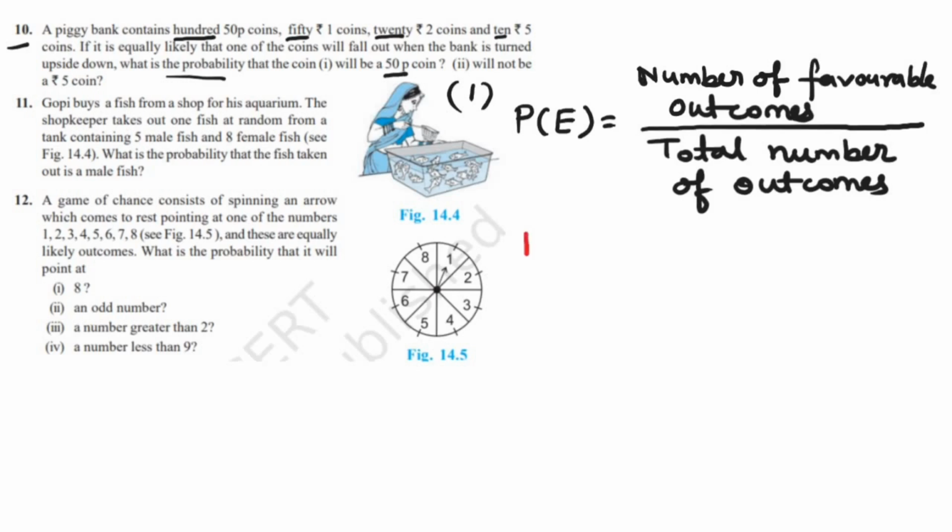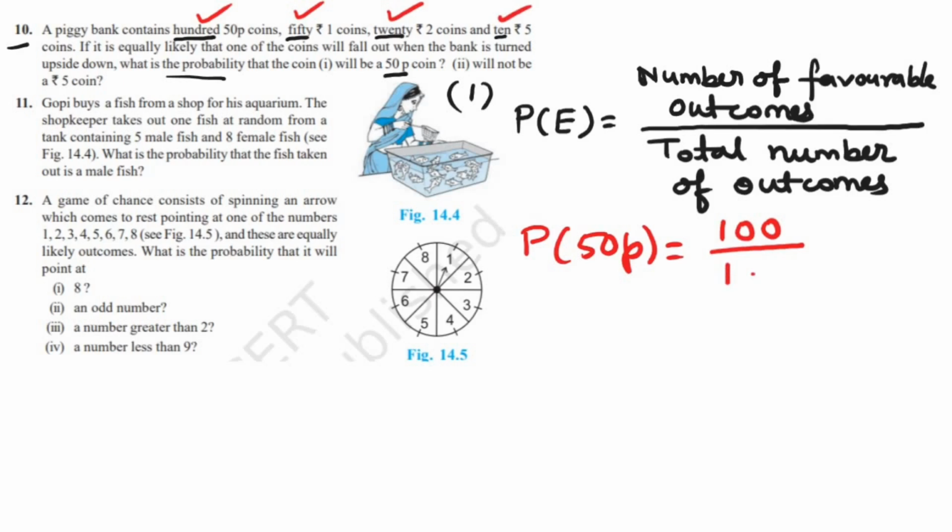And then the first bit is probability that it is a 50 paisa coin. So how many 50 paisa coins are there? They are 100 in number out of the total number of coins in the piggy bank, which is 100 plus 50, that is 150, plus 20, 170, plus 10, that is 180.